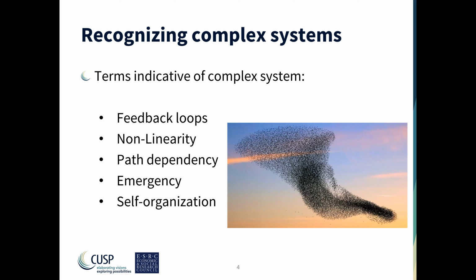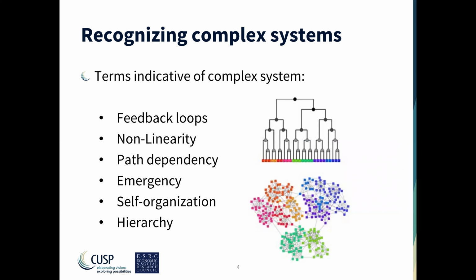We can think about self-organization. We can think about birds moving together, or even people grouping among each other and clustering somehow. We can think about hierarchy, which is normally used by people to manage this sort of complexity, even if not really necessary.